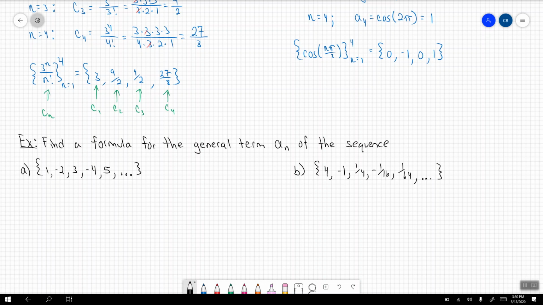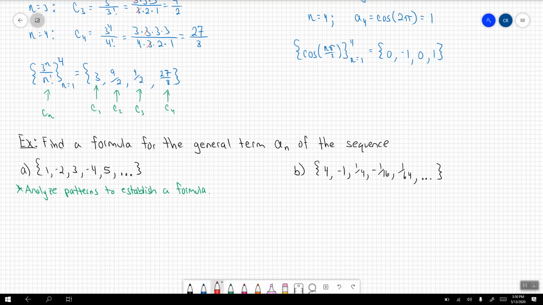So what we're going to have to do is start analyzing patterns to establish a formula. We're going to have to analyze what patterns are occurring here.